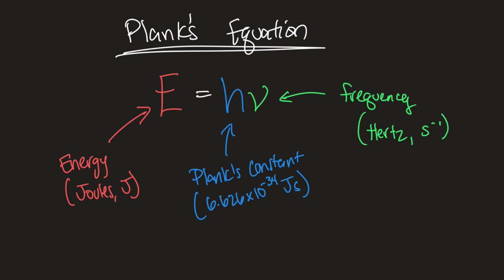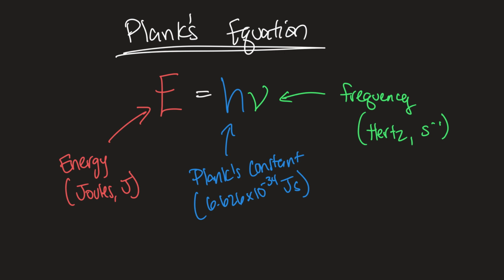Based off of this equation, we can see that energy and frequency have a direct relationship, meaning that if the frequency increases, the energy is going to increase as well. If the energy decreases, the frequency decreases as well.